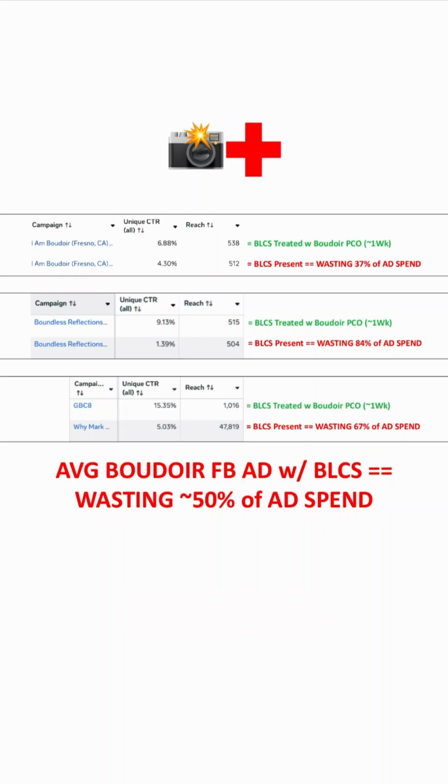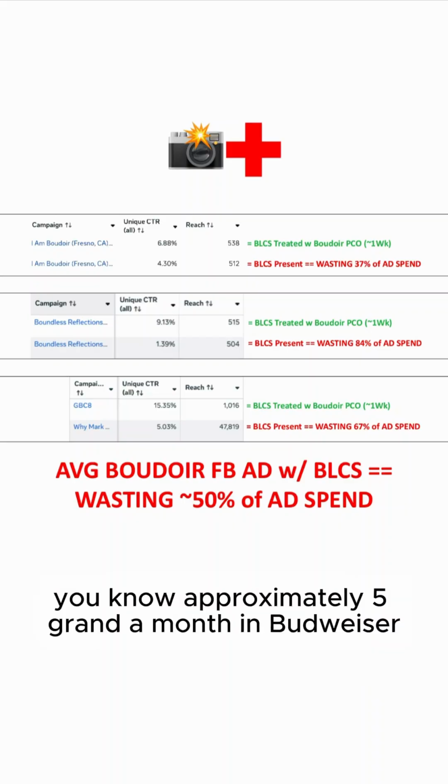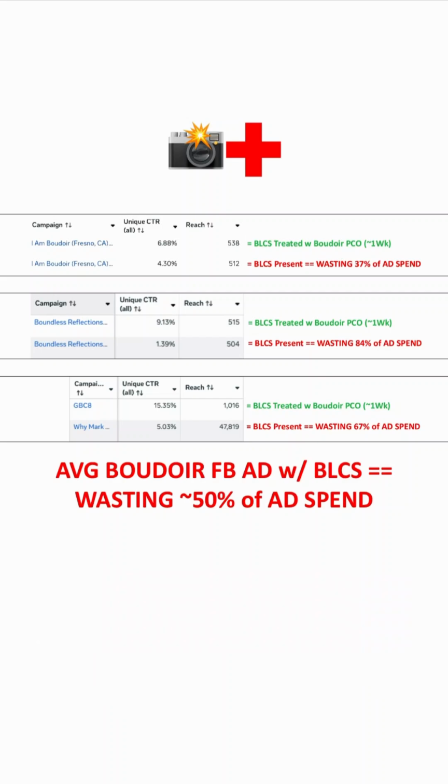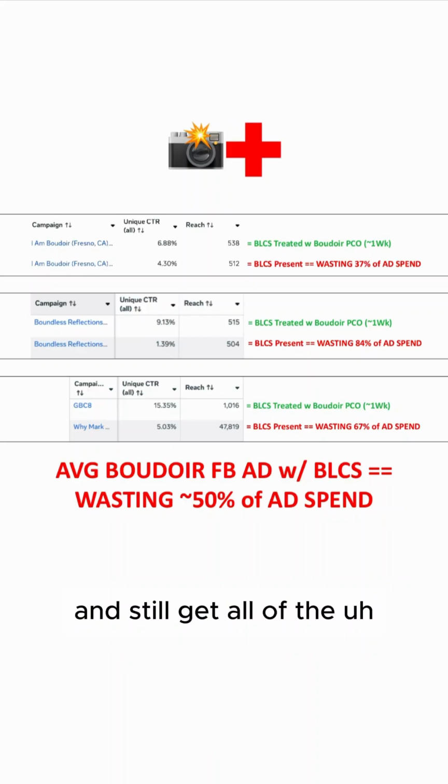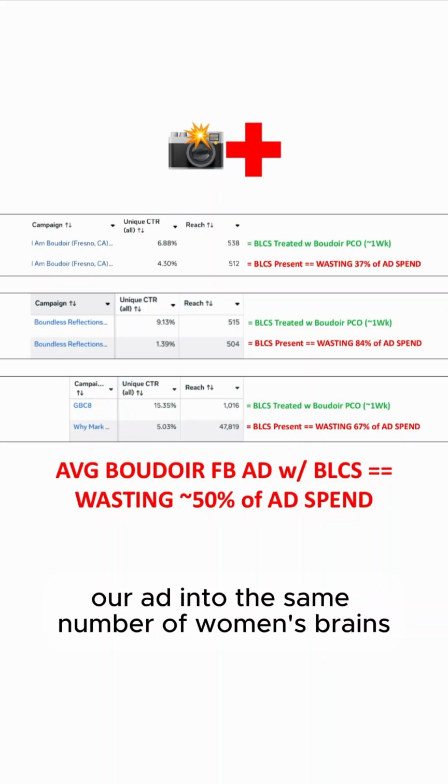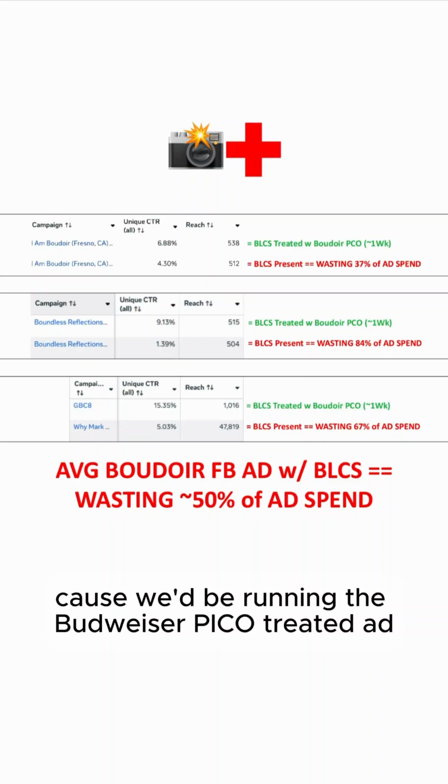And you want to save or eliminate approximately 5 grand a month in Boudoir Facebook ad costs, literally just save that, approximately 60K in the next year, and still get our ad into the same number of women's brains because we'd be running the Boudoir Pico treated ad.